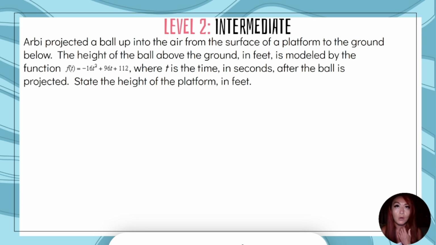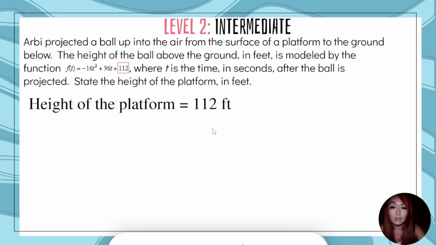So remember, when we did our lesson on quadratics, the C value represented the initial value, represented the y-intercept. So that means the height of the platform is 112 feet, right? That's because the ball is being projected from the platform, that is the initial height, and that is your C value.